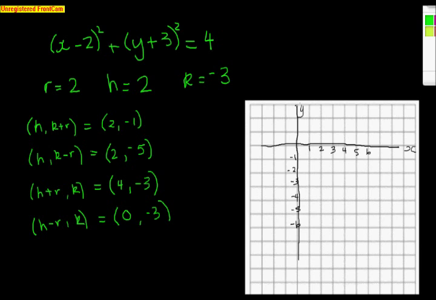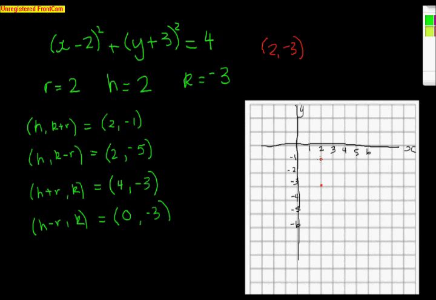So drawing our circle, our center, which I didn't write down here, is at 2, negative 3. So that's here. The first point is at 2, negative 1.